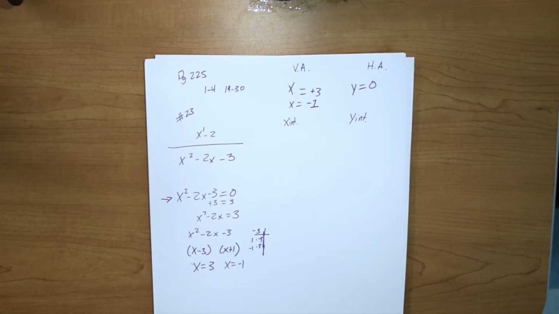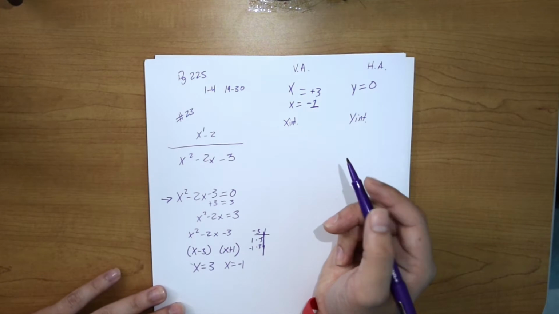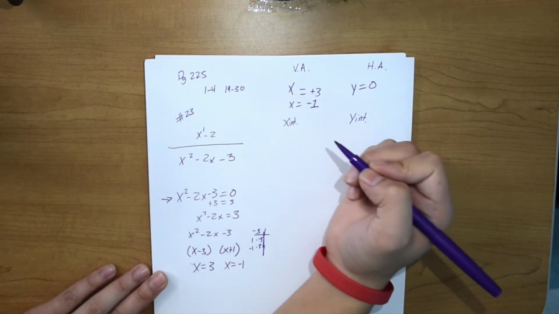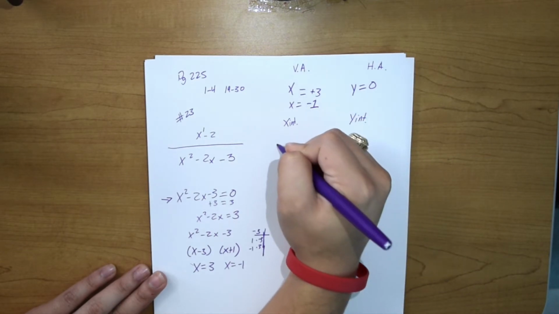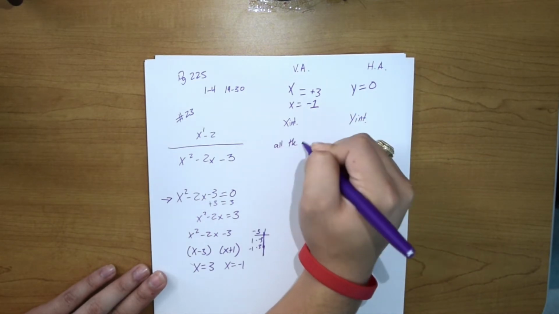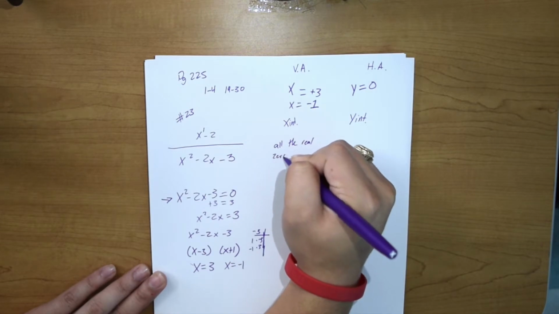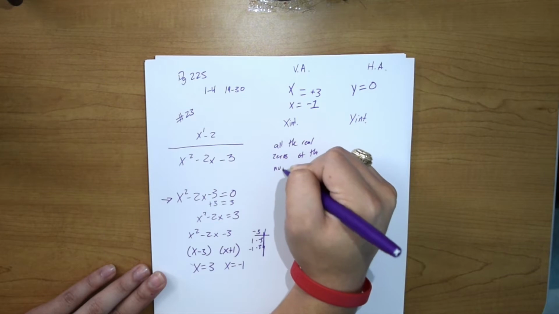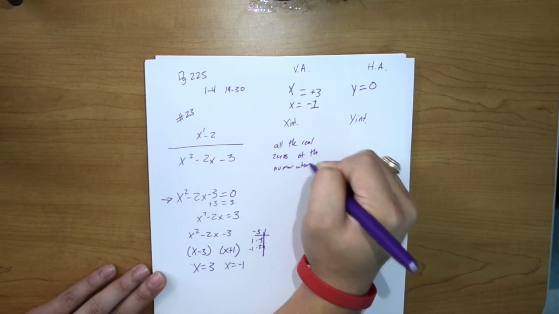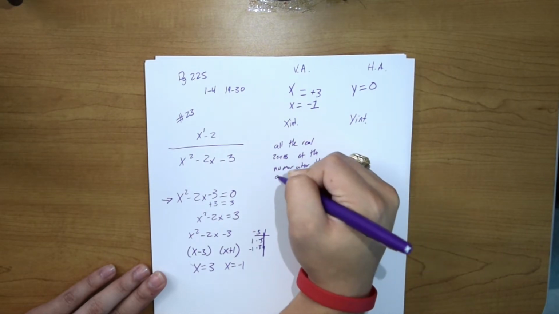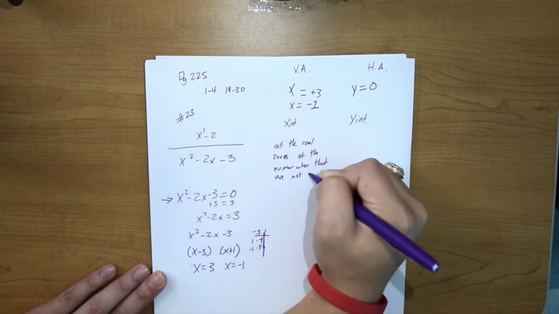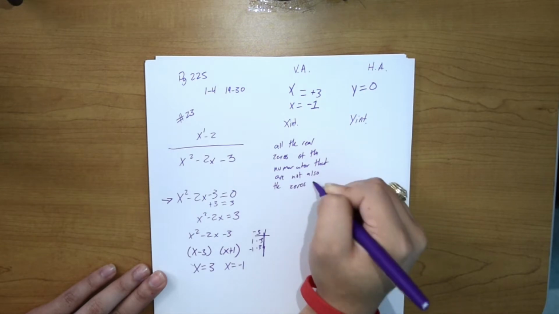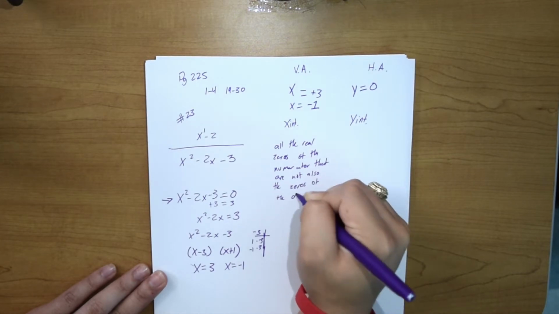For my other class, I told them an x-intercept is just where it crosses the x-axis. So this is going to be all the real zeros of the numerator that are not also zeros of the denominator.